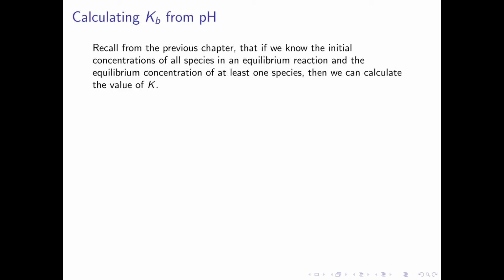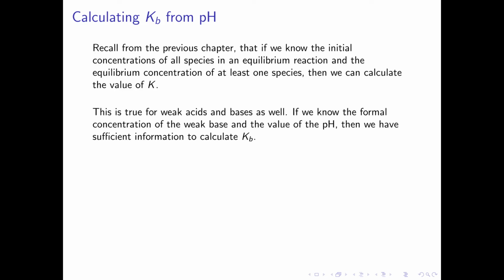Again, recalling from the previous chapter, if we know the initial concentrations of all species in an equilibrium reaction and the equilibrium concentration for at least one species, then we can calculate the value of the equilibrium constant. This is true for weak bases. If we know the formal concentration of the weak base and the value of the pH, then we have sufficient information to calculate Kb.